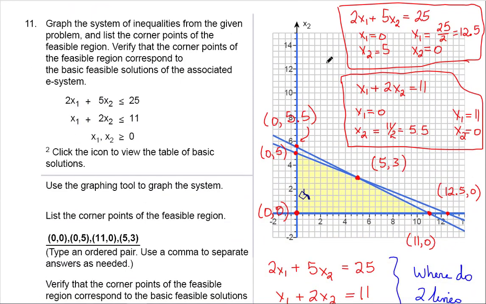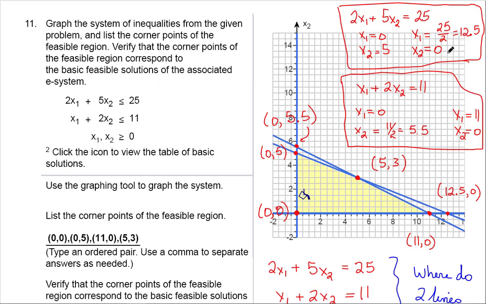All right, we repeat that same process for problem 11 here. I need to figure out what each of these lines look like, so I play the game of setting different pieces to 0. If x1 is 0, then this has to be a 5. If x2 is 0, then I can solve for x1 and get 12.5.